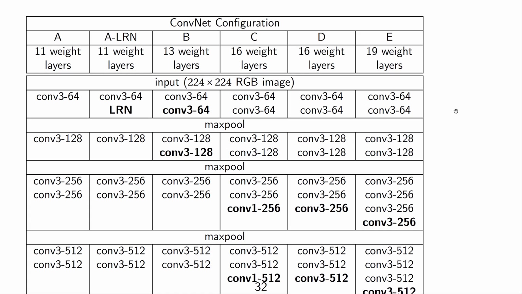So here we can see some network details. Similar to other authors later on, this paper introduces multiple configurations of the same network. So there's a configuration A, LRN, B, C, D, and E. E is the largest, and these networks are known as VGG dash and then a number, so VGG 19 is the name of this last network.